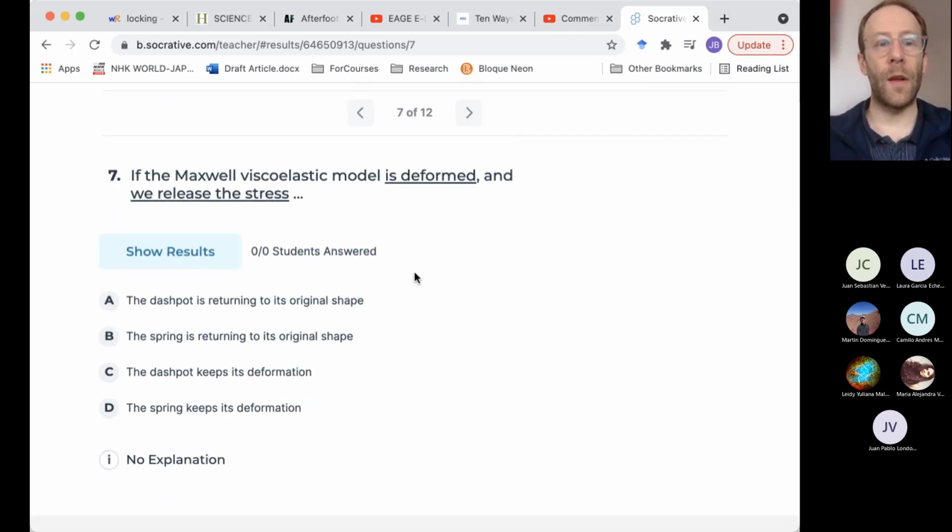So for the Maxwell now, we are going to take the Maxwell model. We are going to deform this model due to some stress, but then we are going to release the stress.